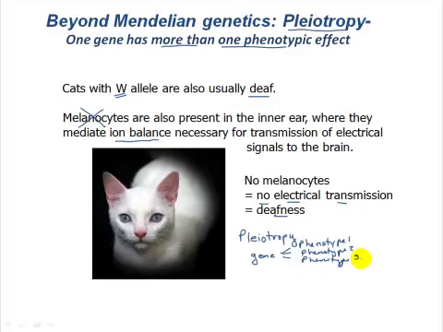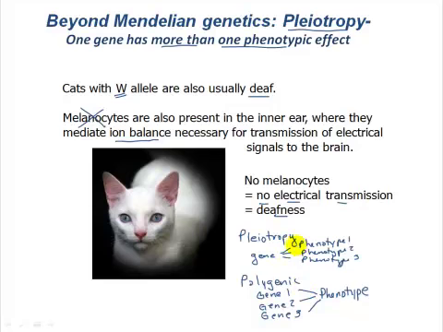That's pleiotropy. With polygenic inheritance, what we're talking about instead is multiple genes all converging on one phenotype, right? So they're sort of dealing with multiplicity in opposite directions here, all right?